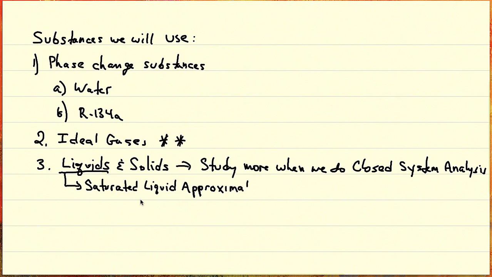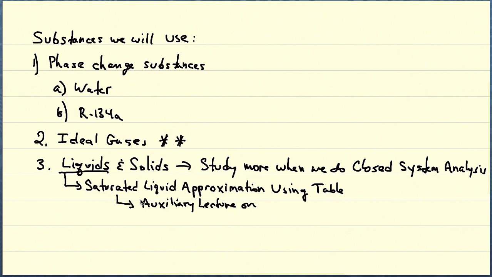When this happens, we have to make the saturated liquid approximation. This is described more deeply in the auxiliary lecture on using tables. And if you don't want to watch that auxiliary lecture, you can read about it in your textbook.